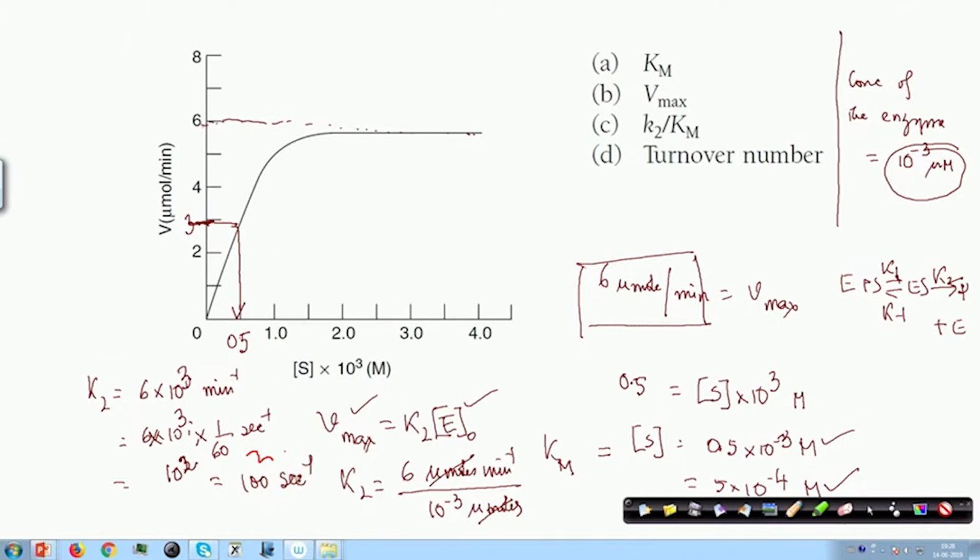So, then K2 by Km, that is easy, you just divide K2 by Km. We have already got Km, but that is in molarity.